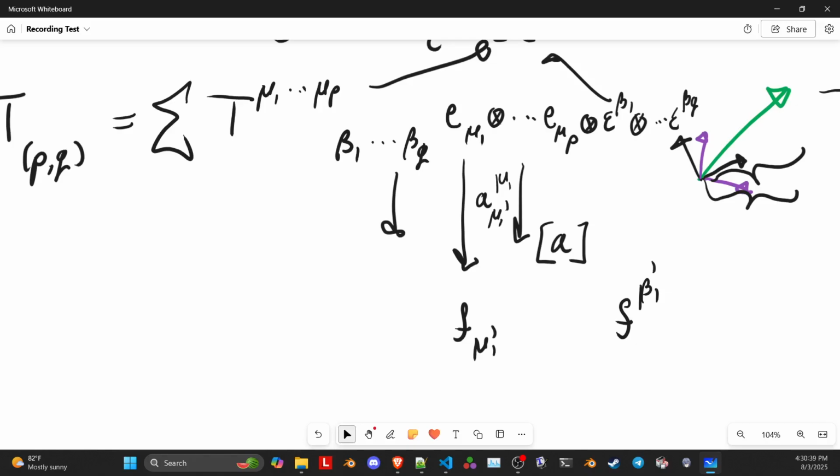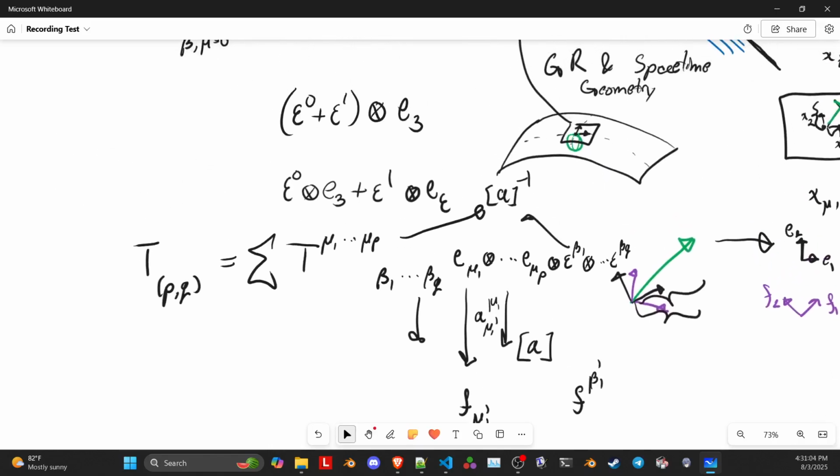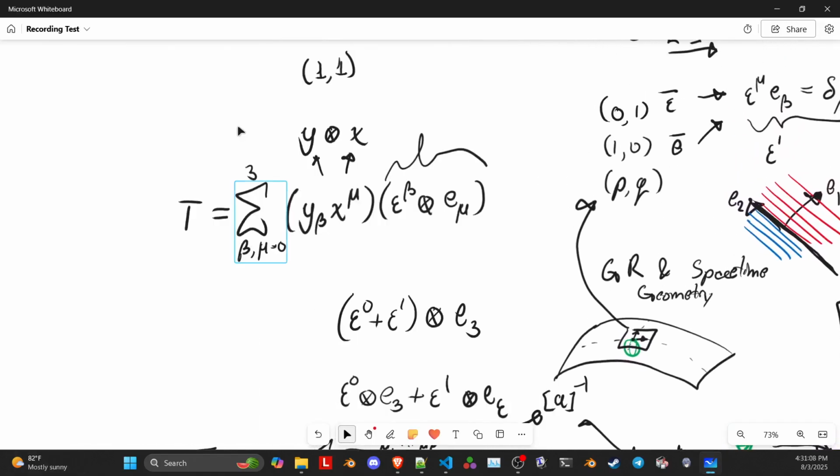Since for every matrix A acting on these, there'll be the same number acting on the upper indices, but with inverses, so there'll be B matrices, and those can pair up and cancel, or we can rewrite in the new basis and just have new components. In either case, we have a description of these general objects, T, with type PQ. But back to the 1-1 type, it does have a geometrical interpretation.